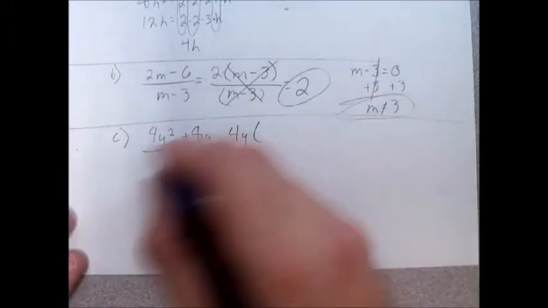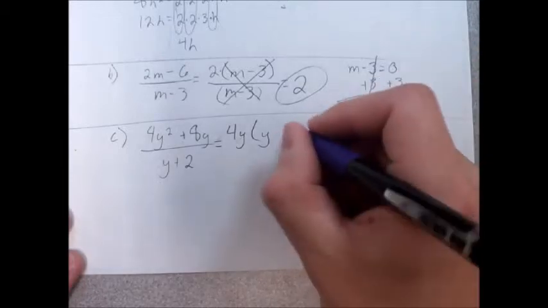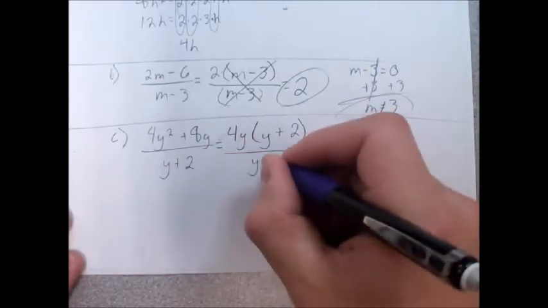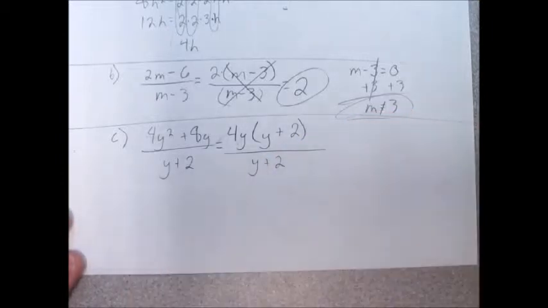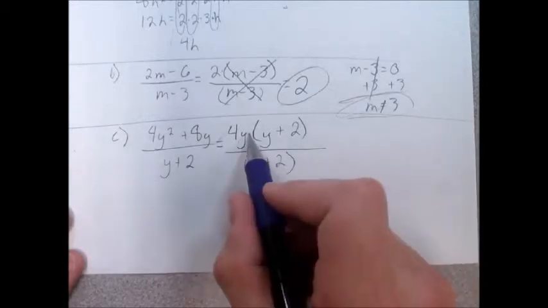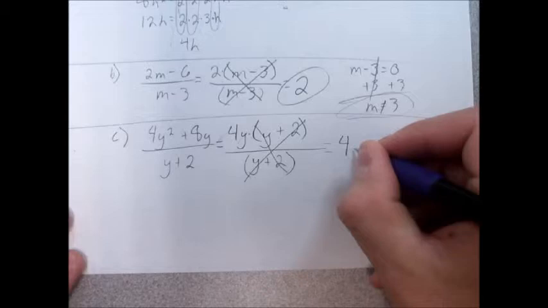Okay, so if I pull a 4y out of this one, I'm left with just a y. Pull a 4y out of this one, I'm left with just a 2, positive 2. On the bottom, I couldn't do anything with that. There was no common anything I could pull out of it. But you should notice, now that there's multiplication, they cancel out, and I'm left with just one answer, 4y.